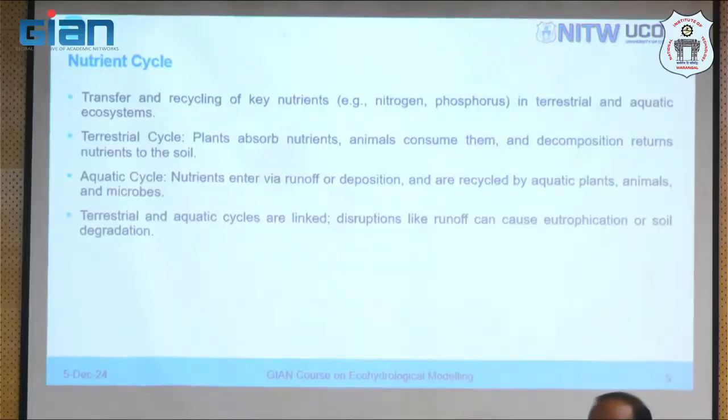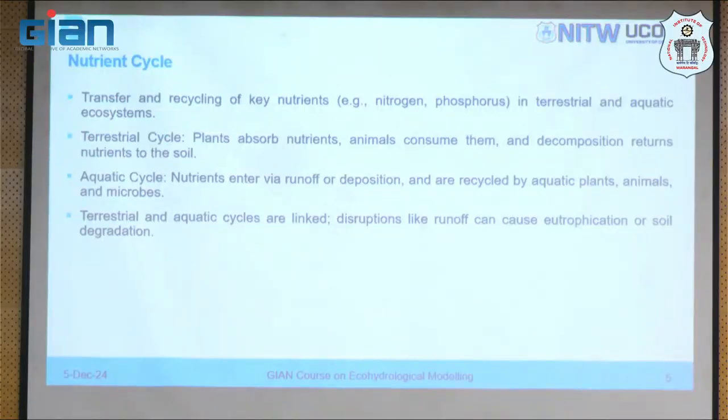Your sediment transport along with it transfers the nutrients which are consumed by the aquatic ecosystem, and some of it comes back into the atmosphere in a certain way, right. So, the both are interlinked. Any disruption in one of the systems is going to cause disruption in another system, right. Sudden increase in your sediment load, sudden increase in your nutrient load is going to cause eutrophication or soil degradation.